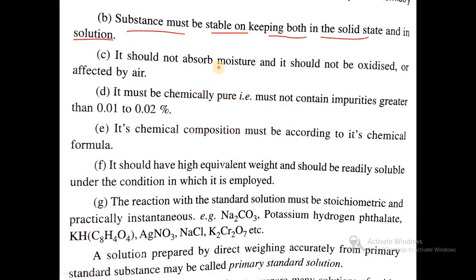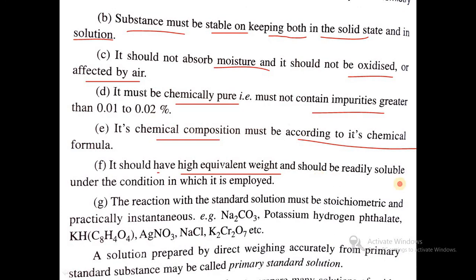It should not absorb moisture and it should not be oxidized or affected by air. It must be chemically pure, must not contain impurities. Its chemical composition must be according to its chemical formula, and it should have a high equivalent weight and should be readily soluble under the conditions in which it is employed.